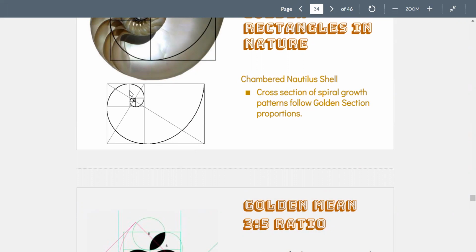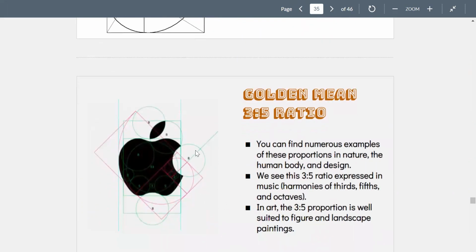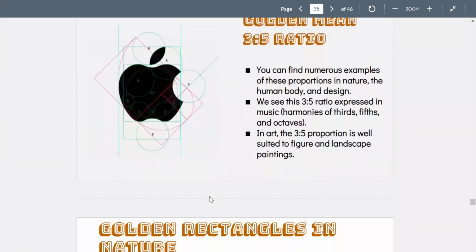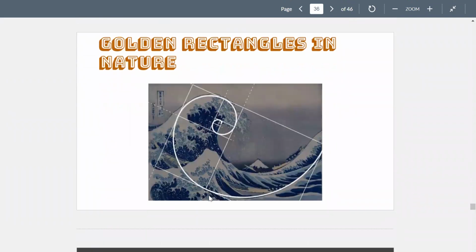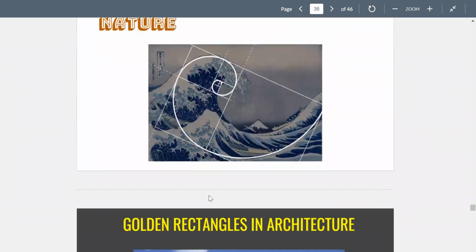So he has a collection of circles and uses that to create this Apple logo. So these are some of the man-made things, the artworks, the compositions, the logos that use the golden ratio and the golden rectangle.